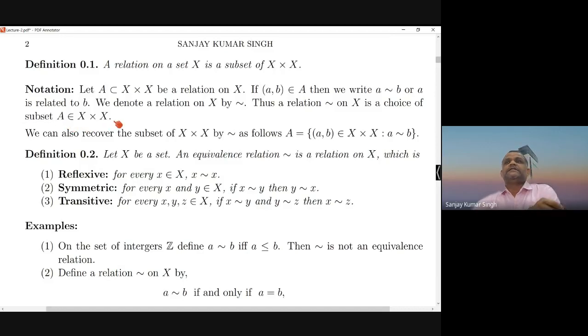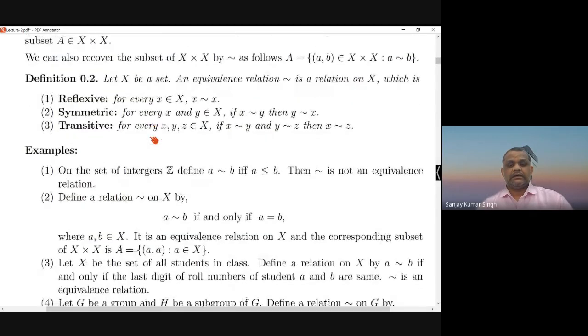So what is a relation now? A relation is just a choice of a subset A inside X cross X. And this relation is nice, and it is called an equivalence relation if it satisfies three properties. The first property is called reflexive, meaning each element of X is related to itself.